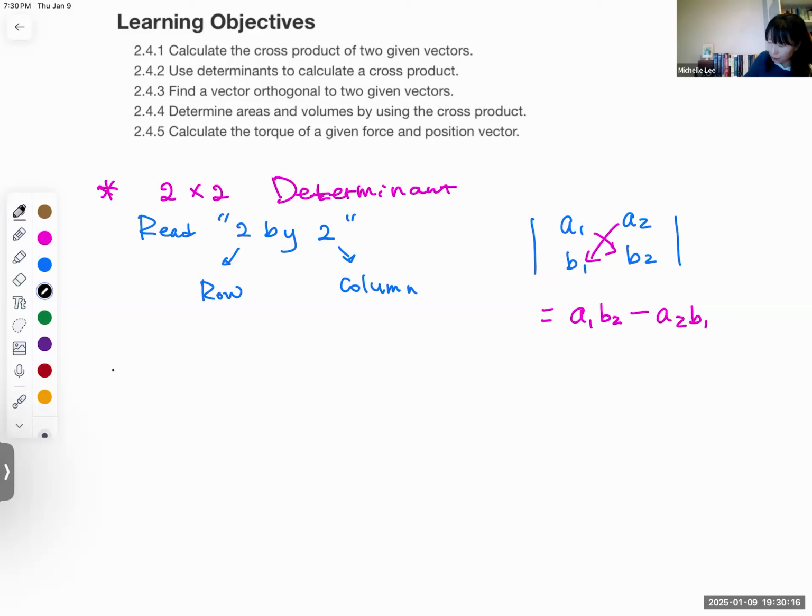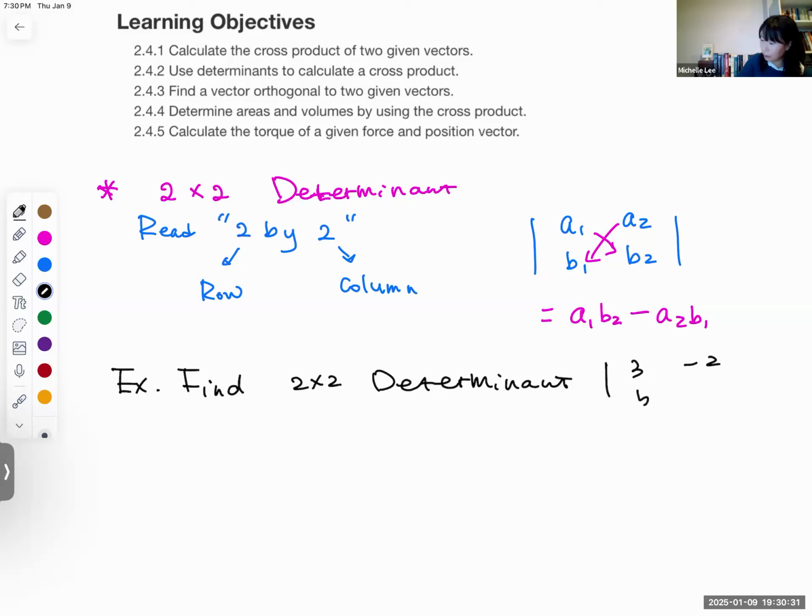Okay, so let's do an example. Find the 2 by 2 determinant. So that will be 3, negative 2, 5, 1. All right, then how do we find the 2 by 2 determinant?